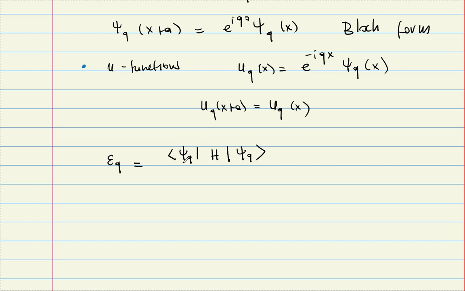Since this psi of q may or may not be normalized, it's always a good idea to normalize it by force. If it's normalized, this is going to be 1 anyways. And once we find this object, since psi is the correct periodic wave function, epsilon of q is going to be the correct dispersion with Brillouin zones and everything.